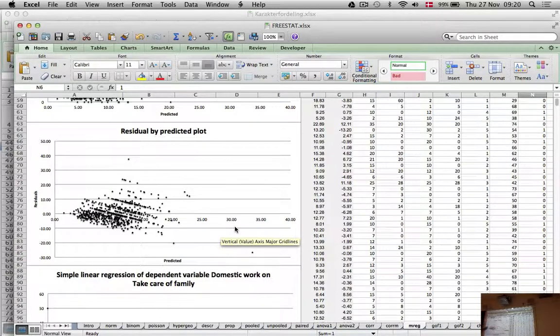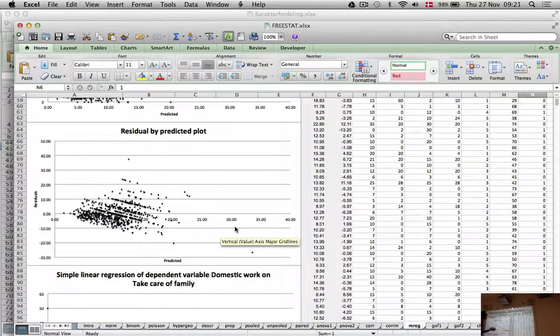We would like maybe to have more points here also. Do you understand that there's sort of a cone shape here? Okay, so you look at the residual by predicted plot and assess whether there appears to be a cone shape. So we don't like a cone shape, then we have problems with heteroscedasticity, right?